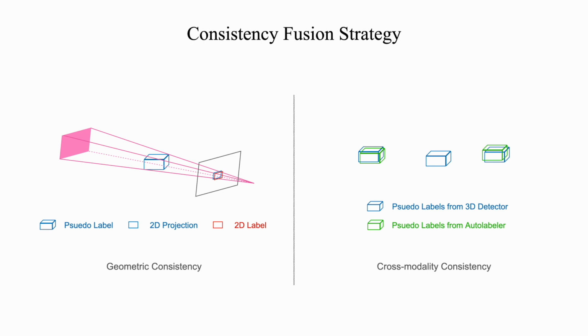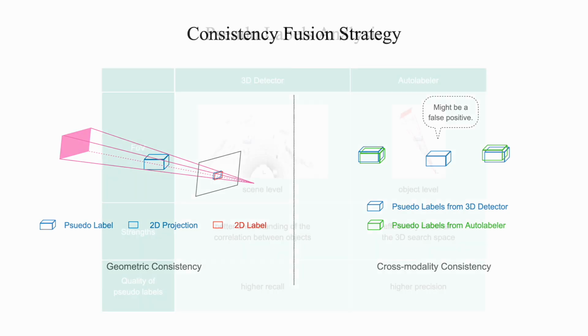Secondly, if both modalities agree on the need for a pseudo-label at the same location, there is a high probability that it is a true positive, and vice versa. Finally, we'll use these final refined pseudo-labels generated by our consistency fusion strategy to fine-tune our models.